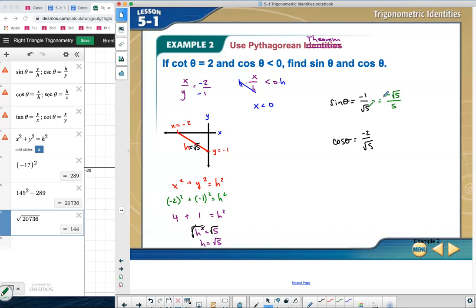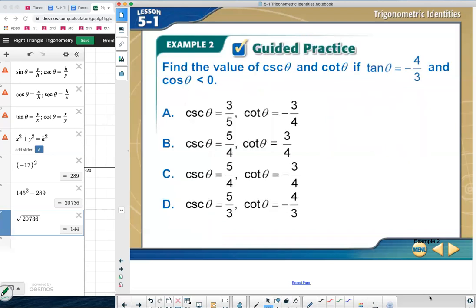I intentionally left off the 1. You could put the -1 there, but it just looks better that way. And here, when I shoot up the square root of 5, I'd have -2 square roots of 5 over 5. And that's my answer with a rationalized denominator. So now I'll give you one to try here, for example 2. Here's yours to try.